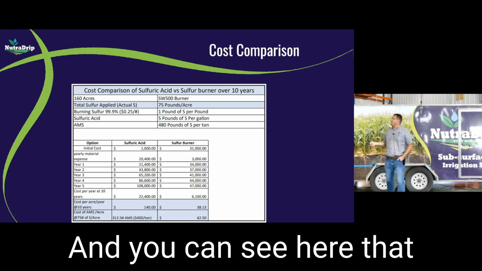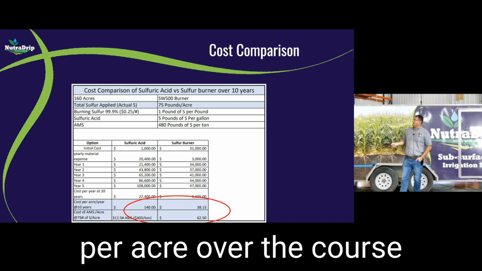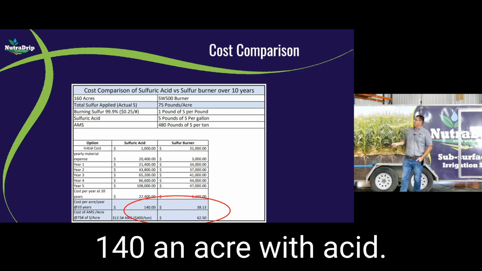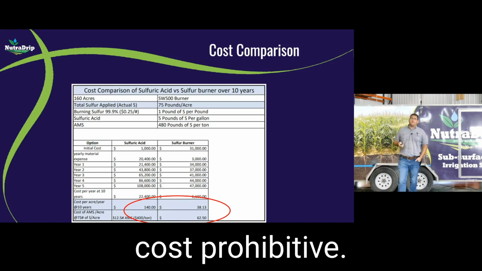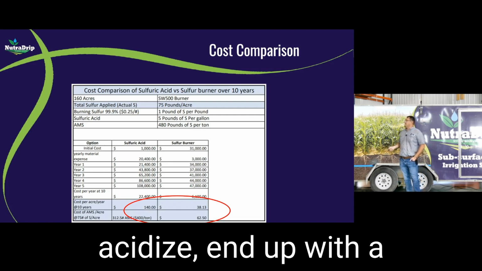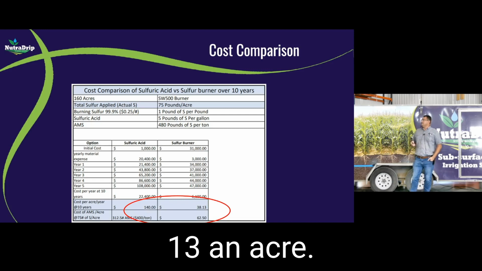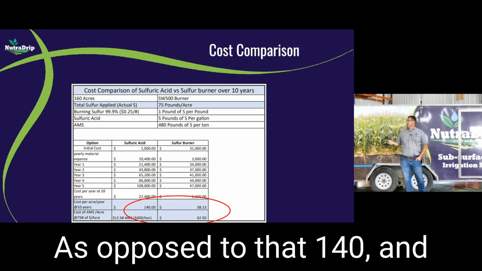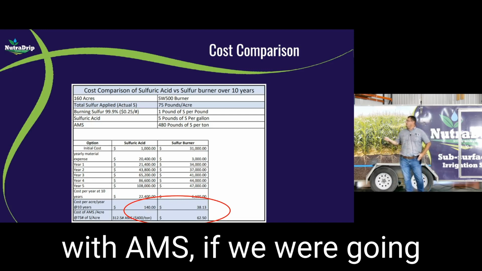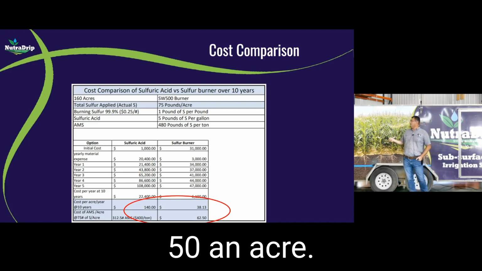You can see here in the totals that the cost per acre over the course of 10 years is about $140 an acre with acid, and so that's cost prohibitive. Most people who find themselves in a situation where they need to acidize end up with a sulfur burner, bringing your cost down to about $38.13 an acre, as opposed to that $140. And with AMS, if we were going to do the same thing, it'd run us about $62.50 an acre.